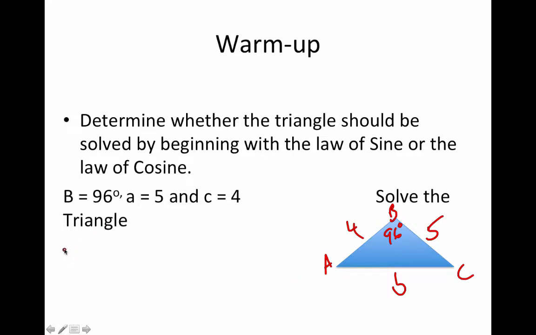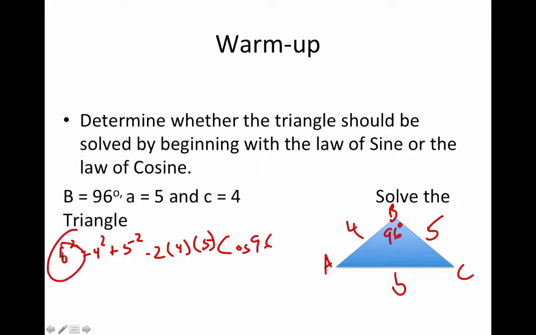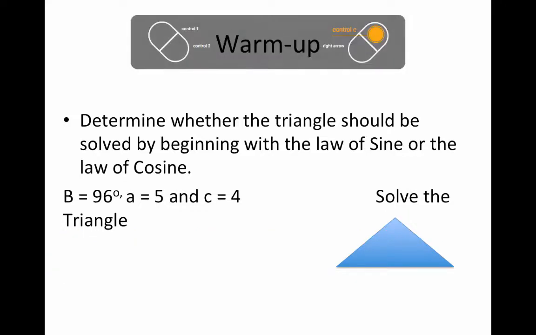So you would set up b squared equals a squared plus c squared minus 2ac cosine 96, and then you could solve for b squared. I'll let you finish that one out on your own.